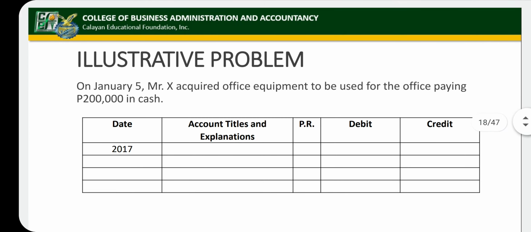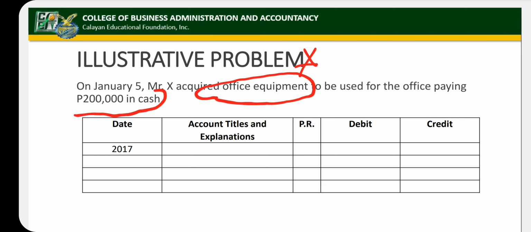Next transaction, on January 5, Mr. X acquired office equipment to be used for the office by paying 200,000 pesos cash. Class, in this transaction, there are two accounts affected, namely the office equipment, which is an asset account, and cash, which is also an asset account.